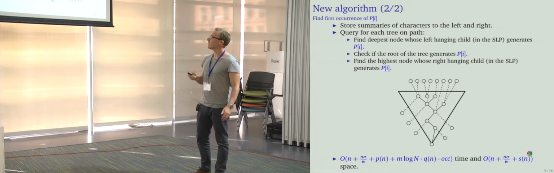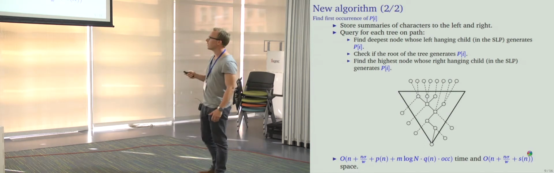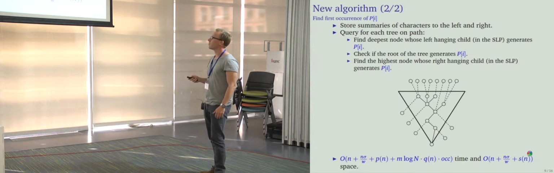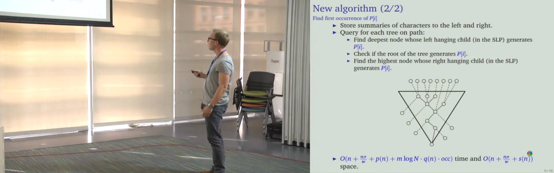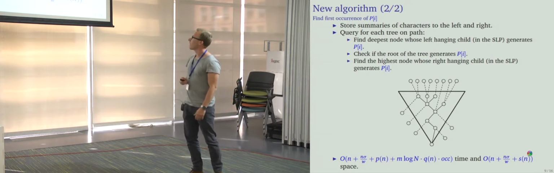So basically, given a data structure that solves the tree coloring problem with this addition that we want to support last colored ancestor queries, we get an algorithm for subsequence matching that runs in this time, where P is the pre-processing time of the tree coloring data structure, Q is the query time, and S is the space of the tree coloring data structure.